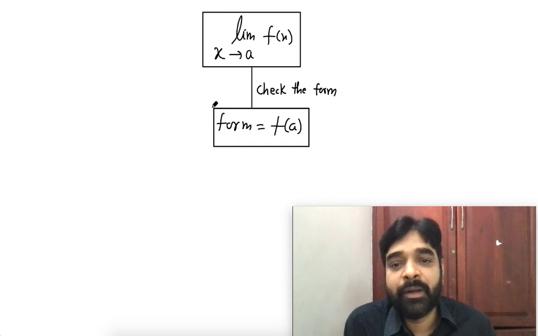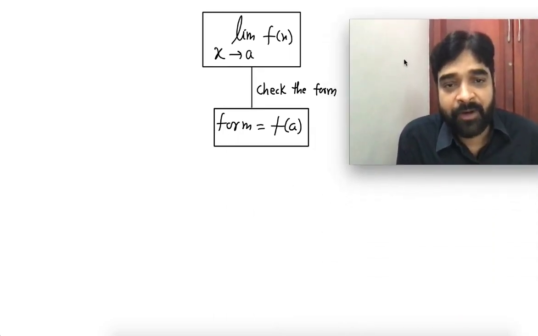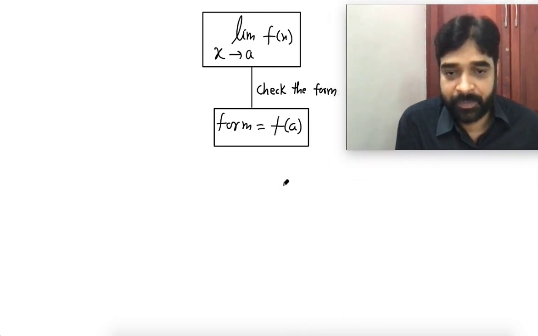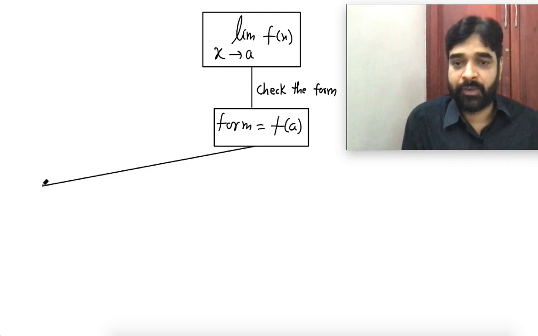The form of this limit will be f(a). Now cross check: what is f(a)? There are some possibilities, I will tell you.